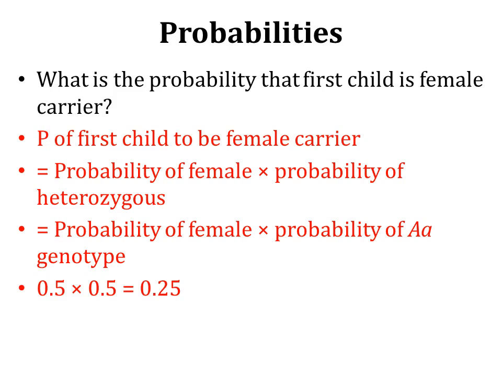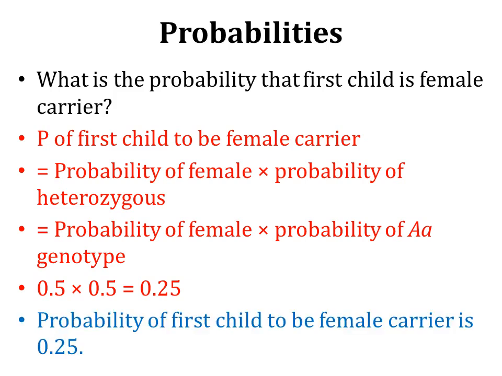So what do we have here? The probability for female is 0.5 because the probability for males is 0.5 as well. So probability of female is 0.5, and what is the probability of heterozygous genotype? It is also 0.5. So the answer is 0.25. So we can state that probability of first child to be female carrier is 0.25. So this is our answer to this question.